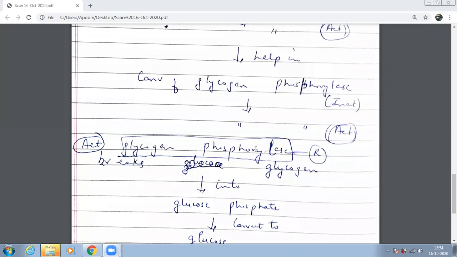Cascade. What does cascade mean in English? Any idea? What does a cascade mean in English? Normal English literal meaning of the word cascade.